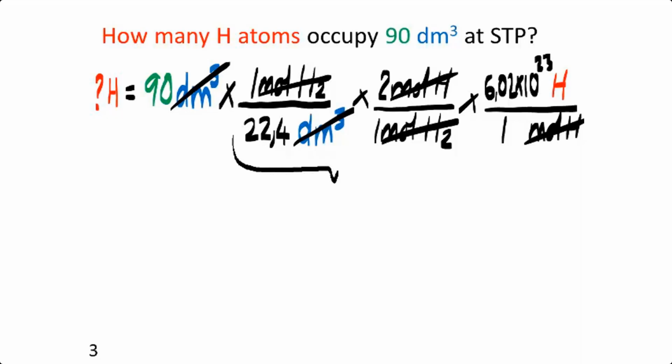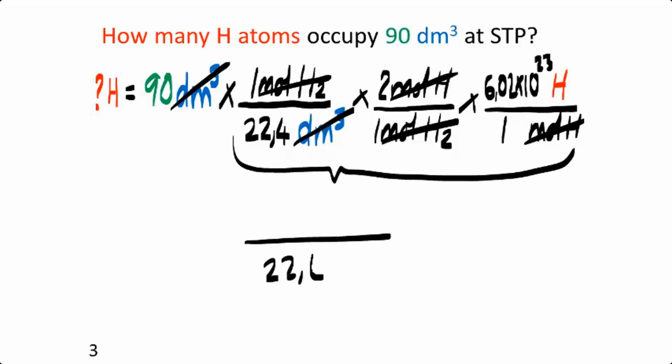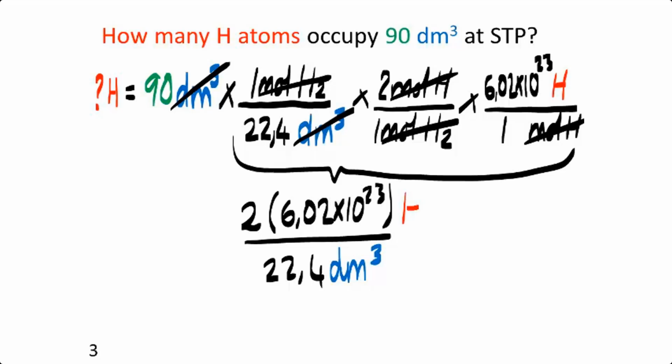So we could have combined this all in one step, saying 22,4 decimeter cubed is the volume of 1 mole of H2, and there are 2 moles of H2, each with 6,02 times 10 to the power 23 H atoms. So if you can see that, then you could just do it in a single step.